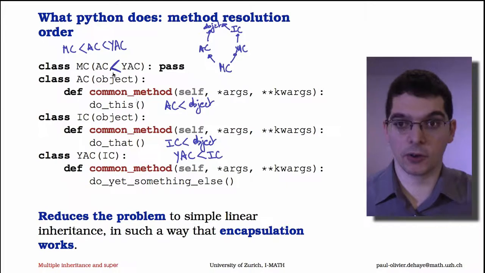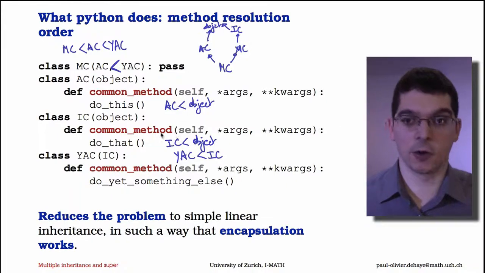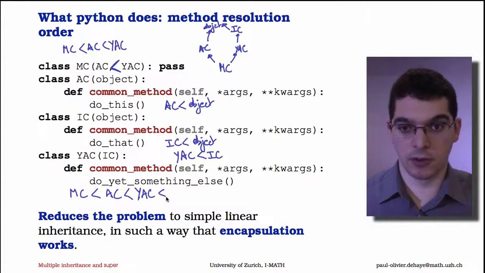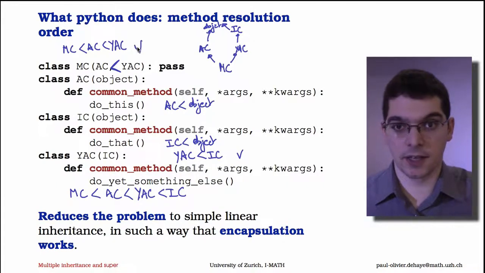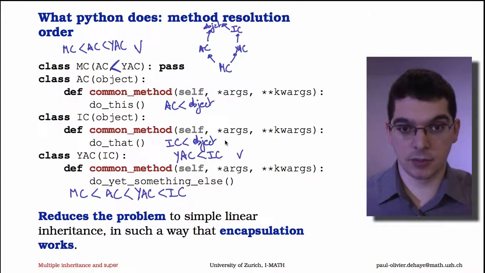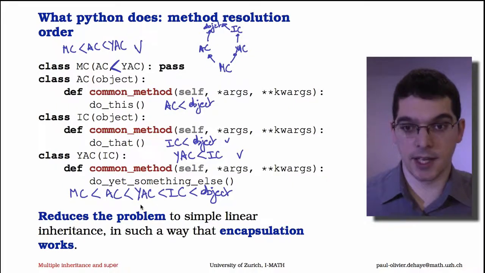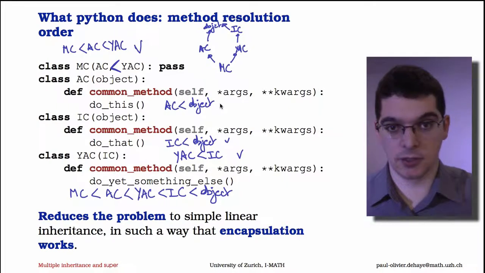So if you look all together, if you want to define a linear ordering that satisfies all those relations, well, in this case, it's very simple. So my class needs to be below AC, needs to be below YAC, and YAC needs to be below IC. So I've used this guy so far, and then IC needs to be below object. And if I do all this, then of course naturally I satisfy also that AC is less than object by transitivity.